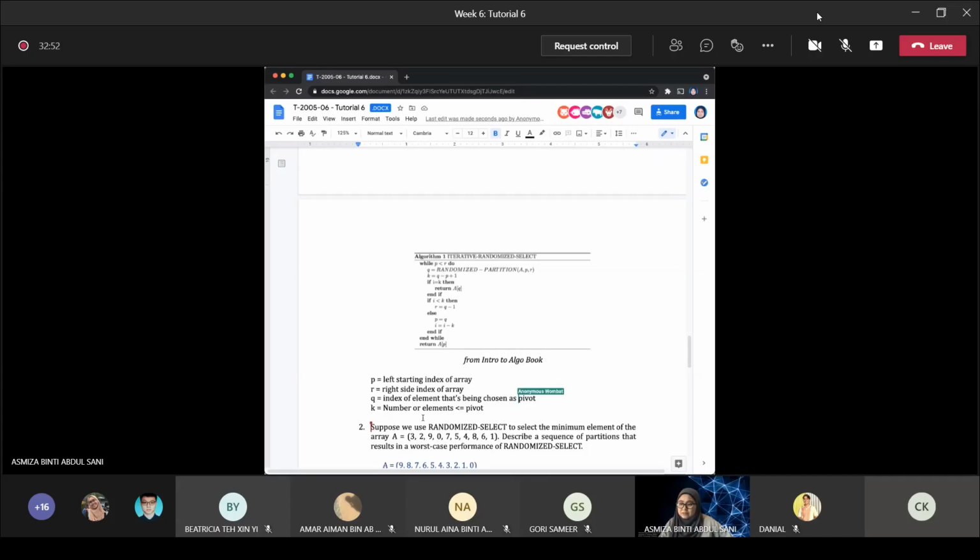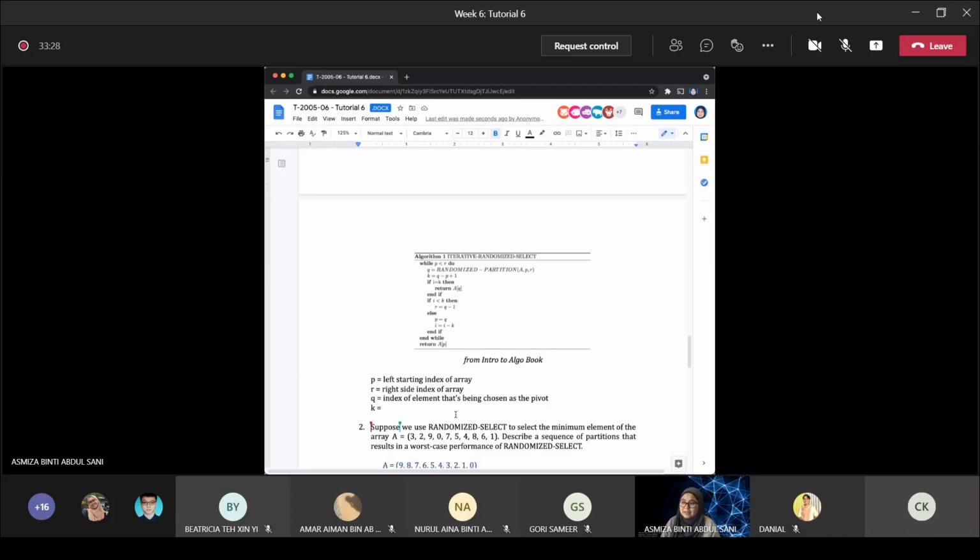K is the number of elements less than the pivot? Not really. K is not the number of elements. To some extent it is like the number of elements, but I would say K is actually the order statistic, the rank of that element inside the array.